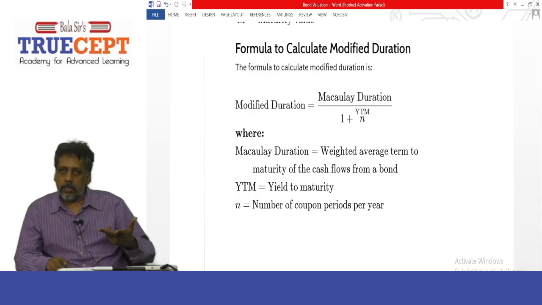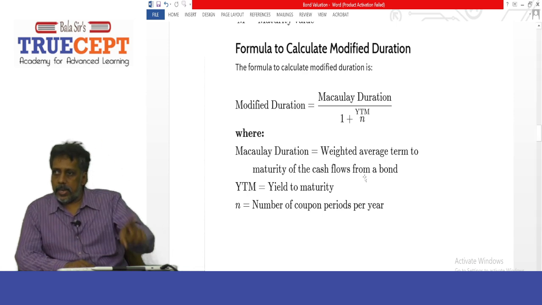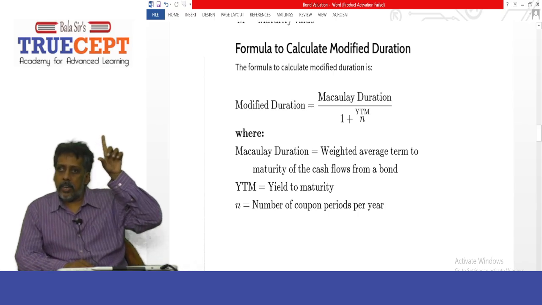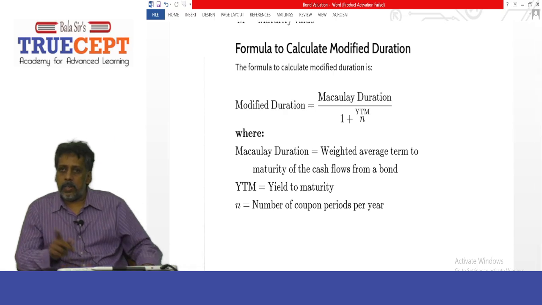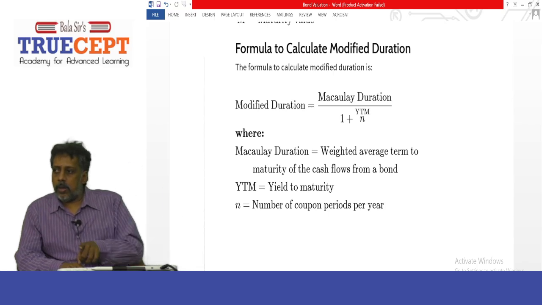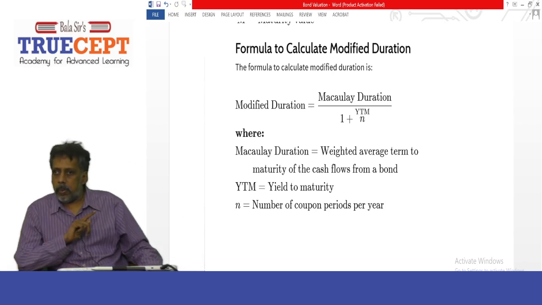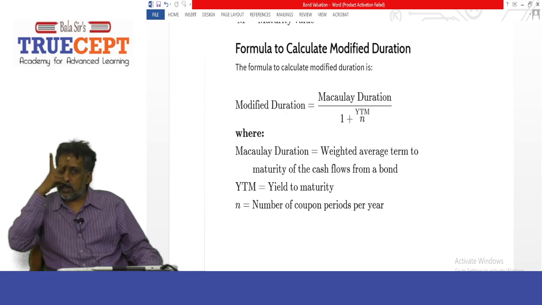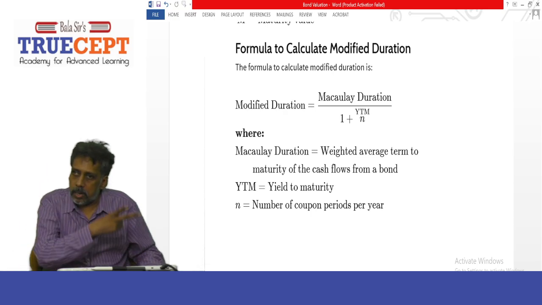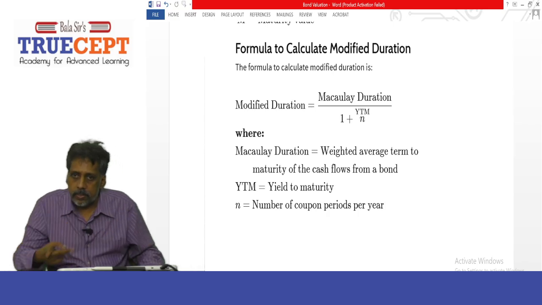You are supposed to take the Macaulay duration and divide that by 1 plus YTM by N. N stands for, if it is an annual interest paying bond, 1. If it is going to be a semi-annual interest paying bond, divided by 2, because there are 2 payments, 2 periods or 2 half years, right?